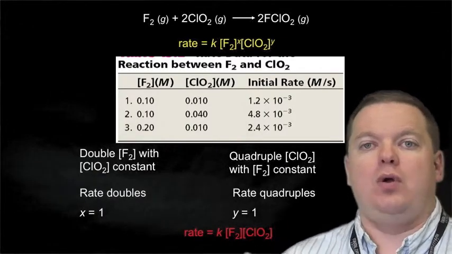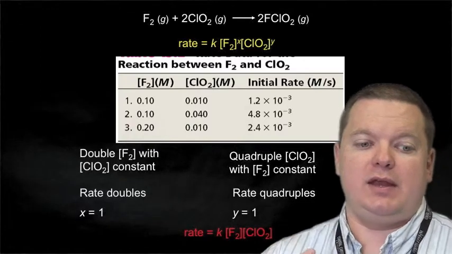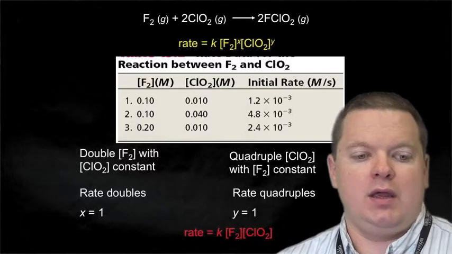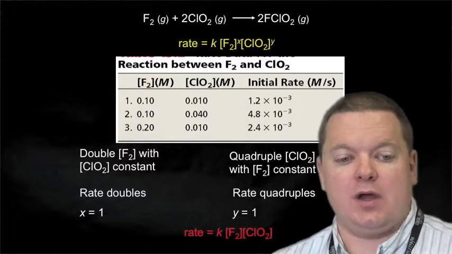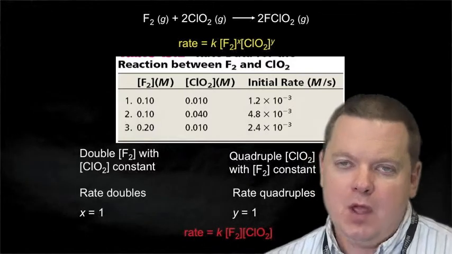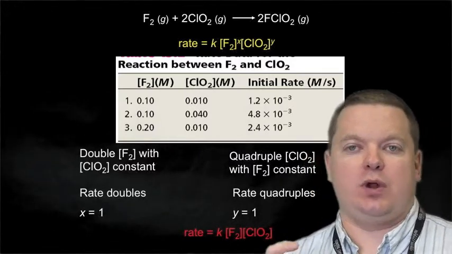And in general, the rate of this reaction is going to be equal to some rate constant k times the concentration of fluorine raised to some power times the concentration of ClO2 raised to some other power.